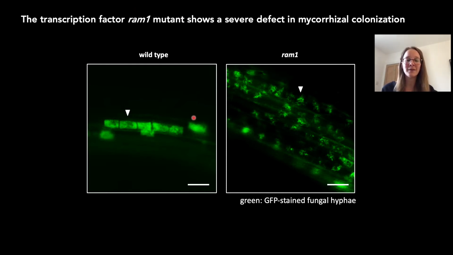And what we know about this mutant is that compared to the wild type, again, instead of forming fully developed arbuscules, the RAM1 mutant that does not have a functional copy of the transcription factor RAM1 only forms these very small arbuscules here that are not fully functional, and in general the colonization levels are almost entirely absent in this RAM1 mutant.